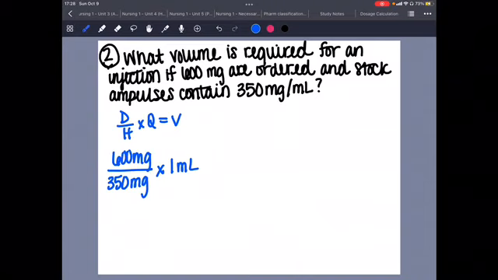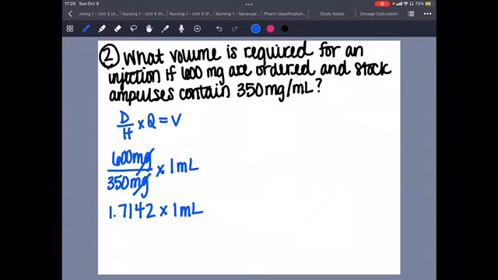So I'm going to do 600 divided by 350. And then you should get a few decimals running. So it'll be 1.7142. I'm just going to stop it right there, times 1 ml. I always cross them out just so I can keep tabs of my own.